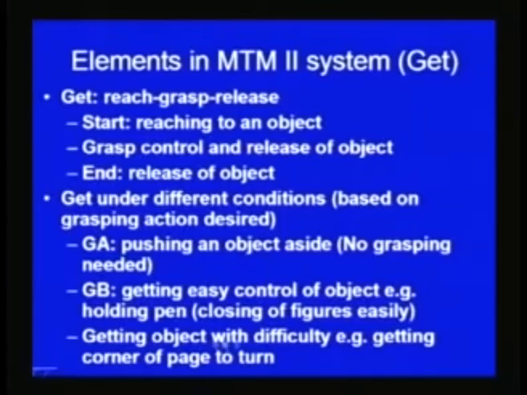Getting an object with difficulty, like getting the corner of a page to turn it, is grouped under the GC. In this case, the degree of difficulty will be maximum, and that is why the time allotted in TMU is also found to be maximum.